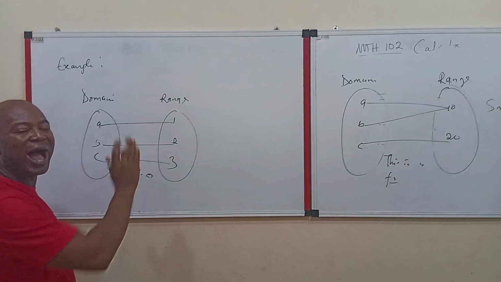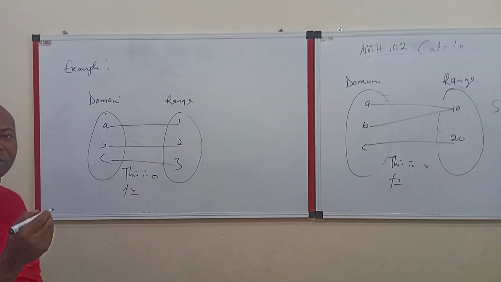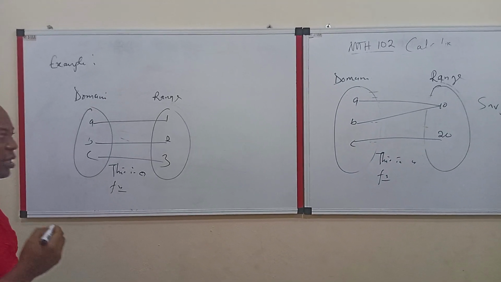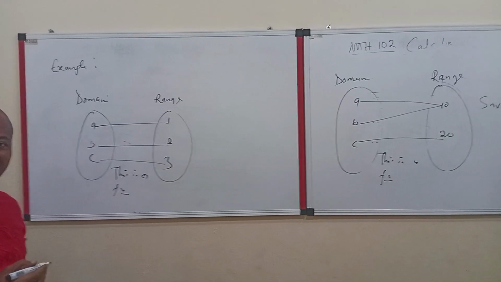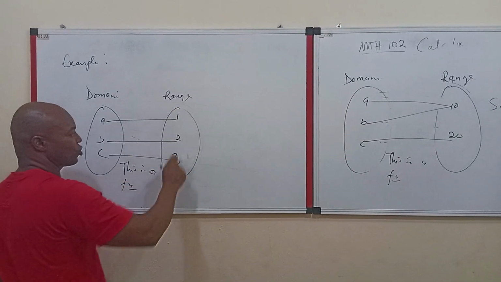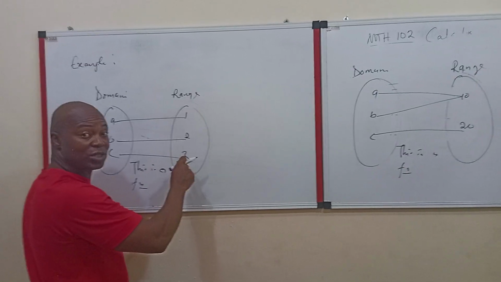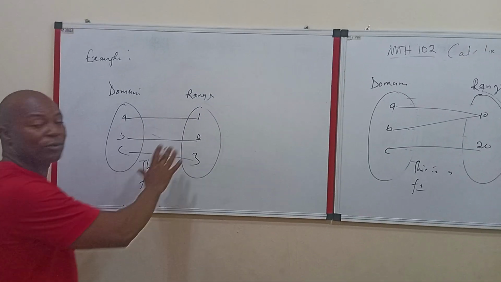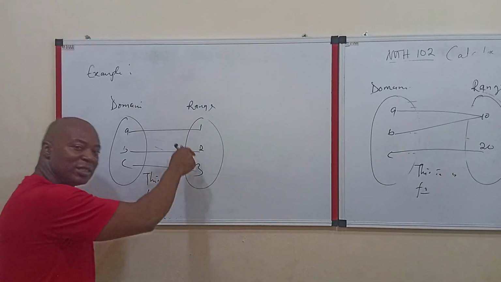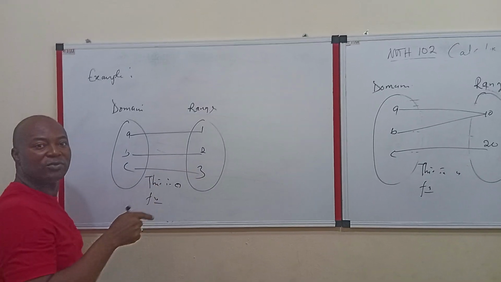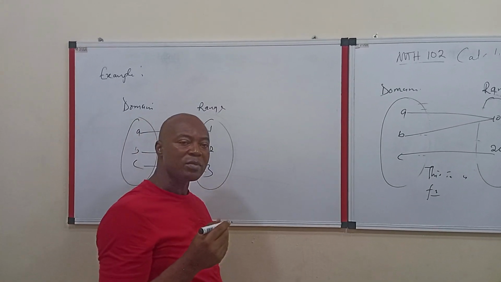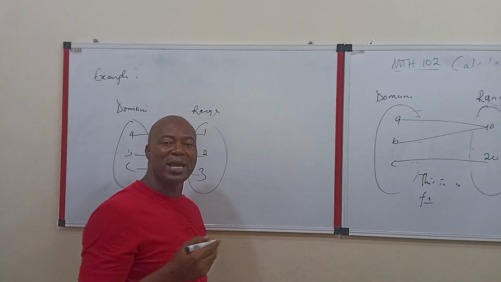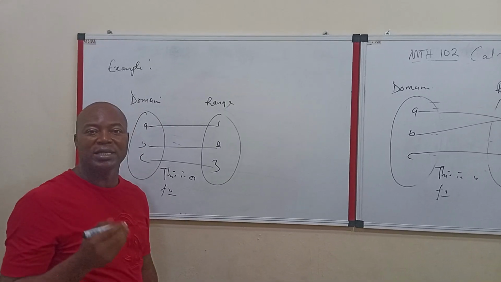So a relation that is a function, if that relation is also injective and at the same time surjective, because all the range values are also marked, then this relation that we have here is a function, is both injective and also surjective. So when a relation is injective and surjective, we are saying that that relation is bijective.